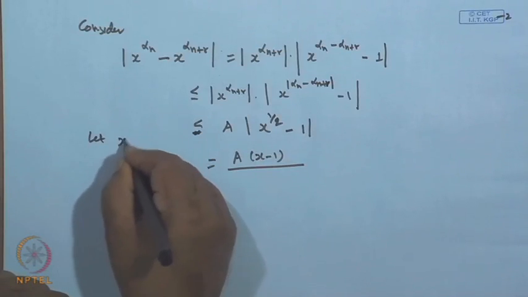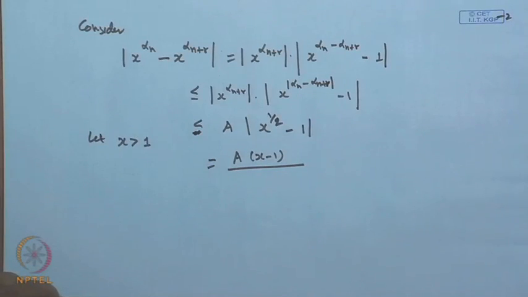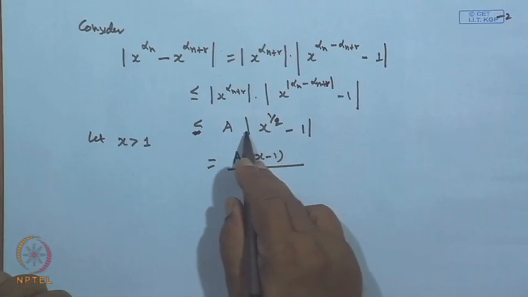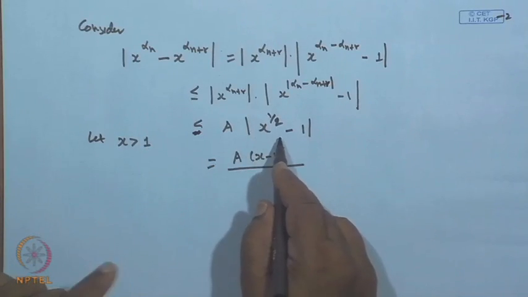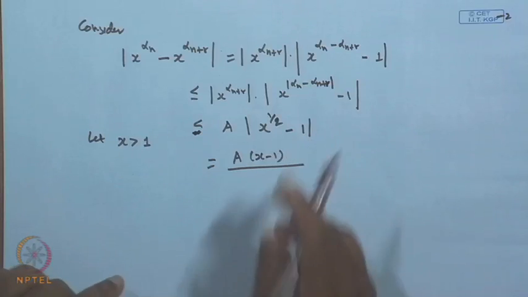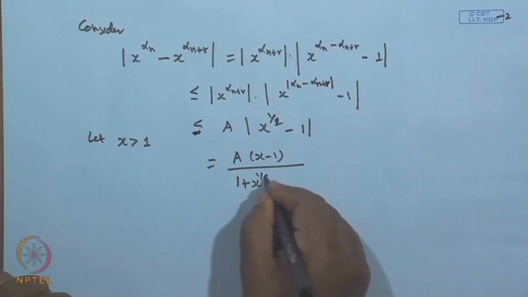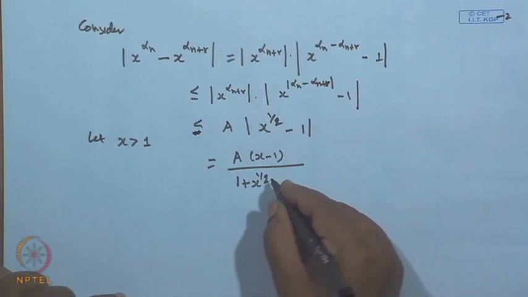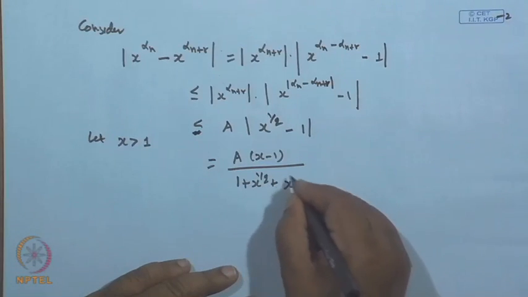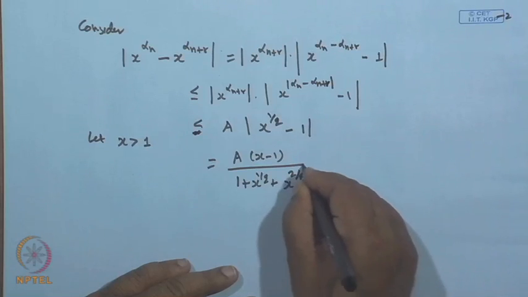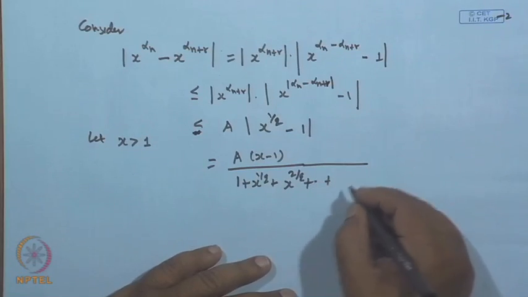So, let x be greater than 1, then we can write this with the modular sign removed, since x to the power 1 by q is greater than 1. Now, I am multiplying denominator and numerator by the number 1 plus x to the power 1 by q plus x to the power 2 by q up to x to the power q minus 1 by q.